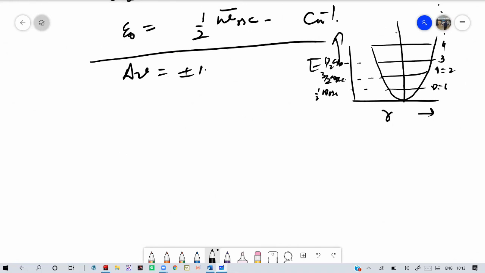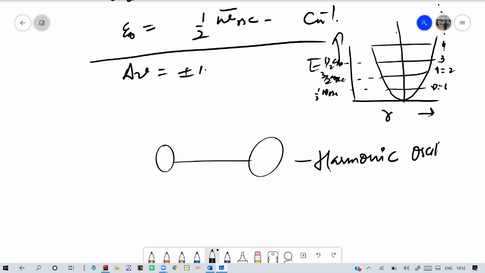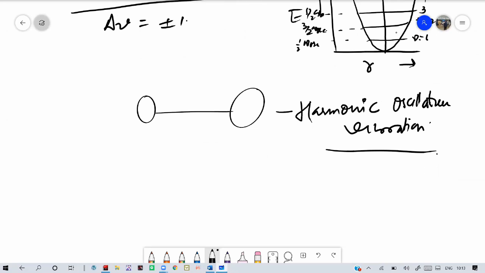Now, this was a harmonic oscillator where we assumed that the bond between these two changes such that there is a vibration, but it is a harmonic vibration. Now, what happens when there are anharmonic terms? Because real molecules do not obey exactly the laws of simple harmonic motion.